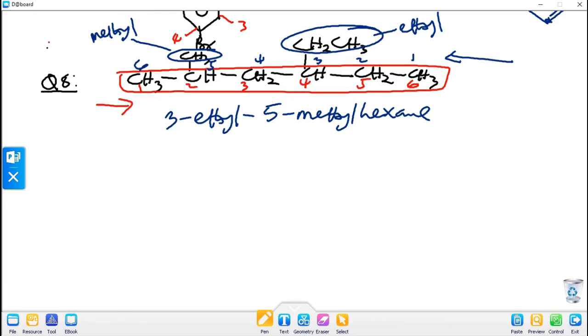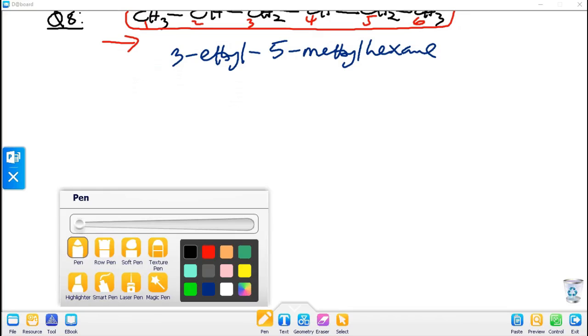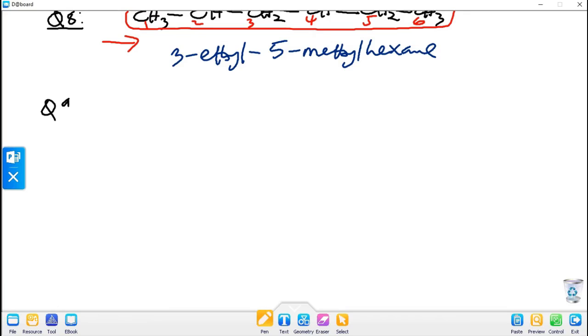So can we take a look at another example? Let us take a look at that again. So we have another like this. This is the 9th one.